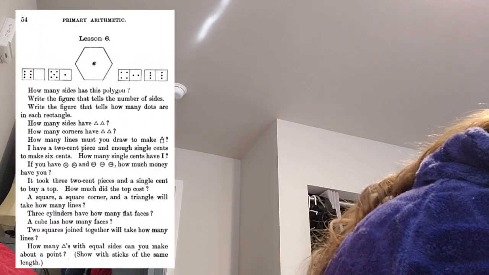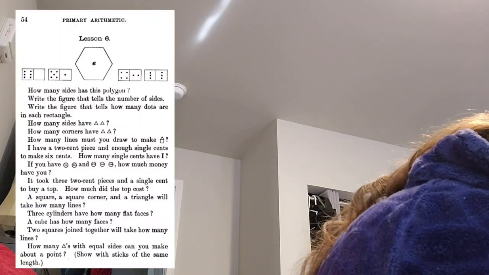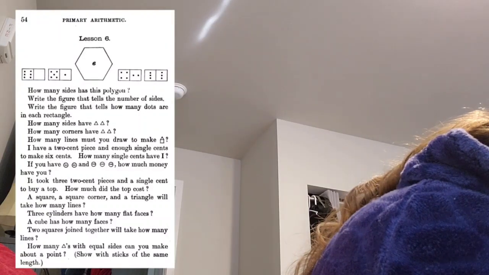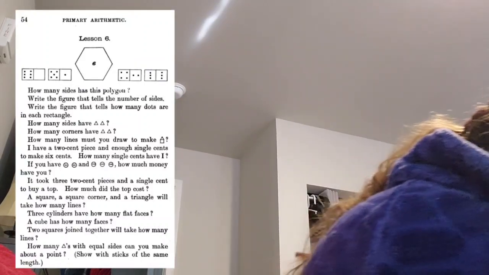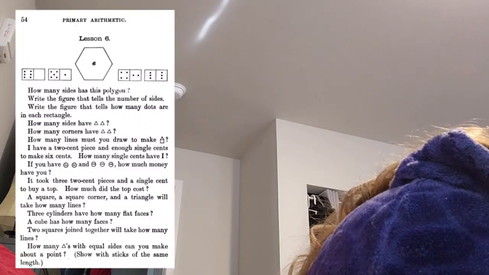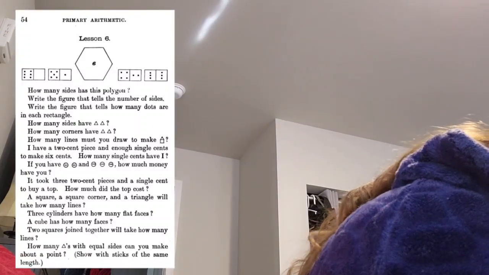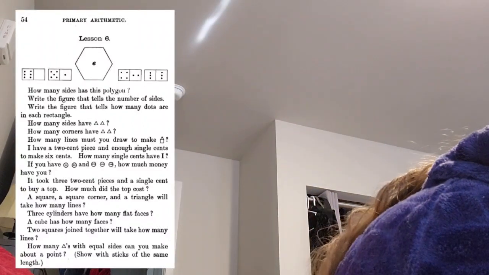How many lines must you draw to make whatever this thing is? A triangle on top of a square. You need 2, 3. You need 6 lines to draw that shape.